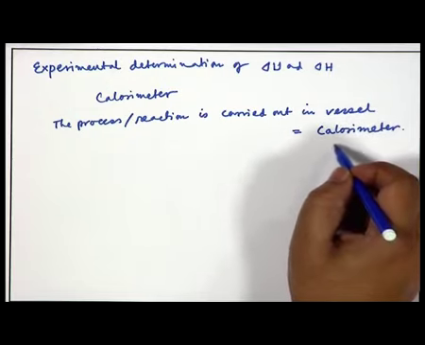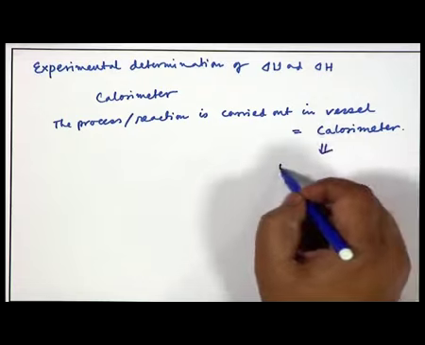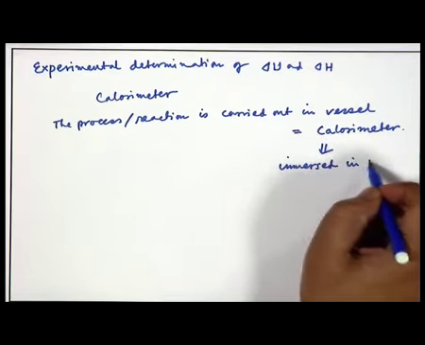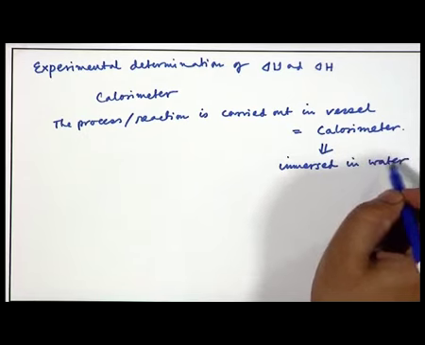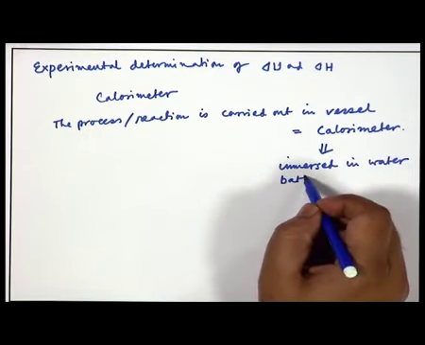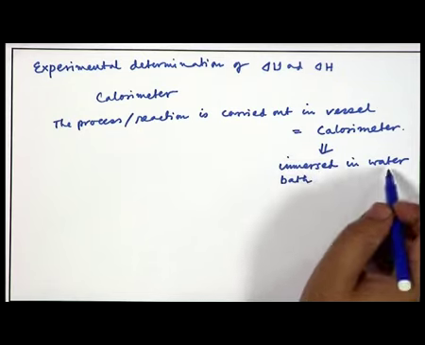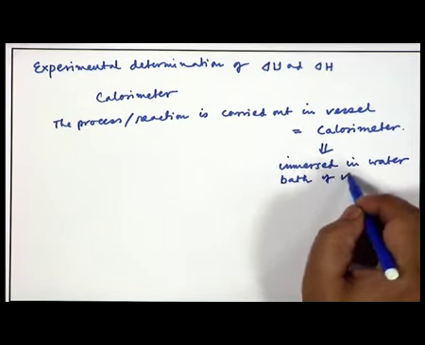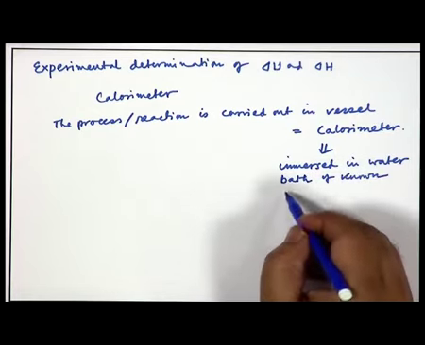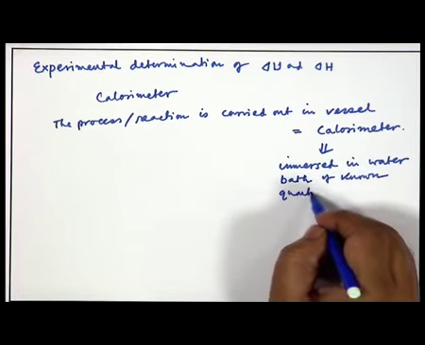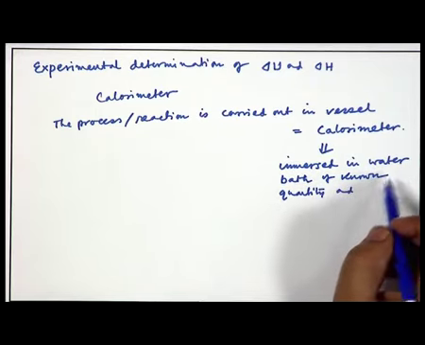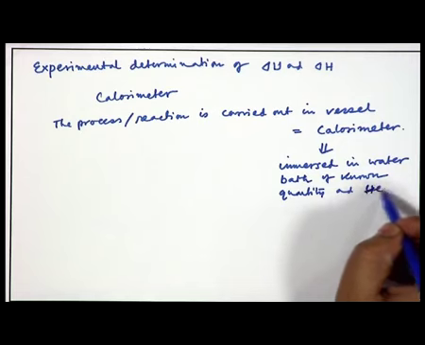The vessel is immersed in a water bath, mainly water, it could be other liquid, of known quantity and known specific heat, of course, if you use water, known heat capacity.